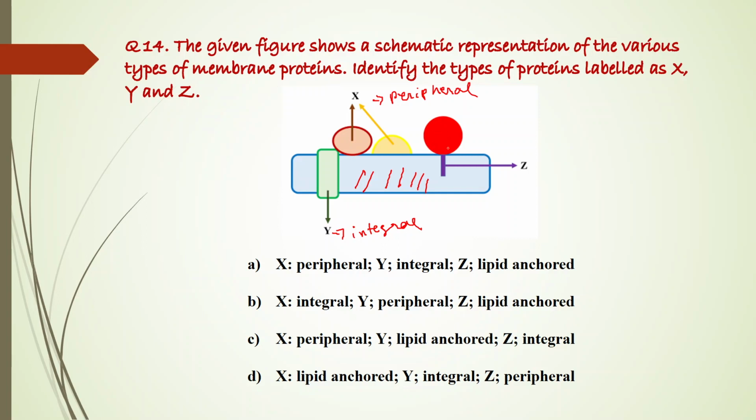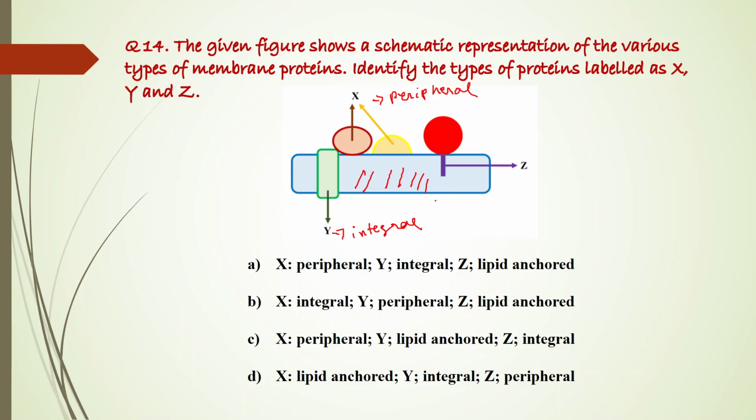Although this red part of the protein is not embedded, there is a small part which is attached within the membrane protein. This kind of proteins are called lipid anchored because they are anchoring through a small portion.